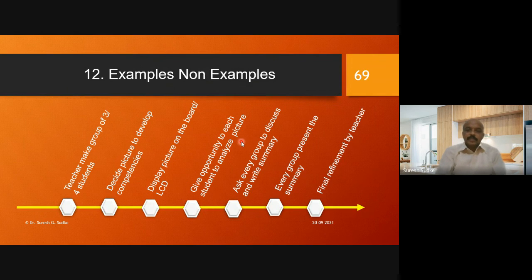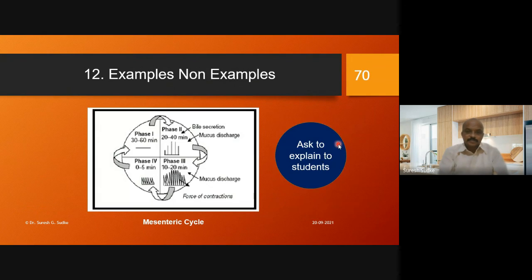We are providing each student the opportunity to analyze that particular picture, and we are asking every group to discuss and write a summary about that picture. Every group presents the summary in front of the class, and the final refinement is done by the teacher or other classmates. Suppose this is the example of examples and non-examples.